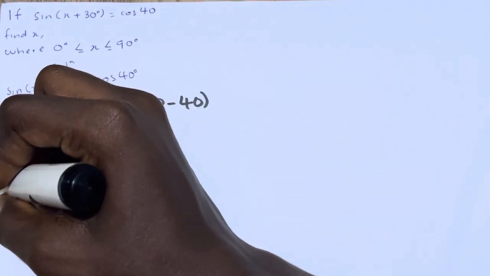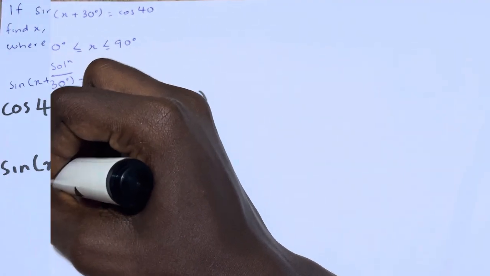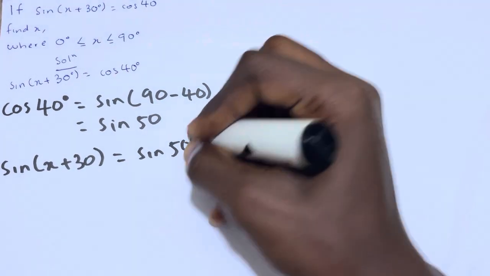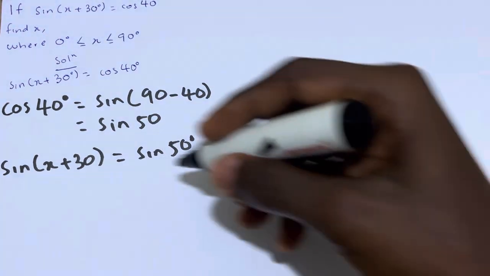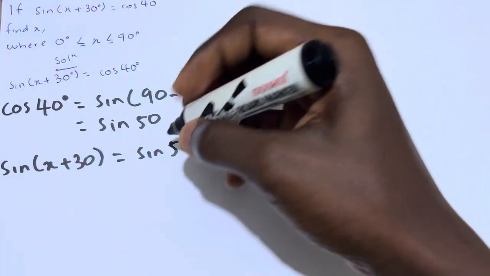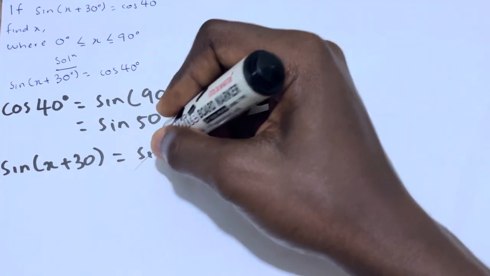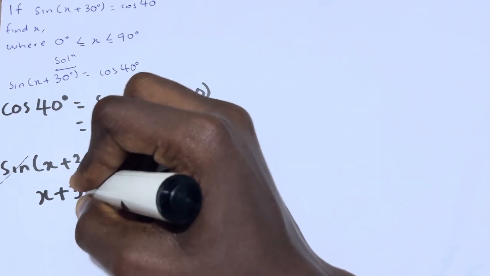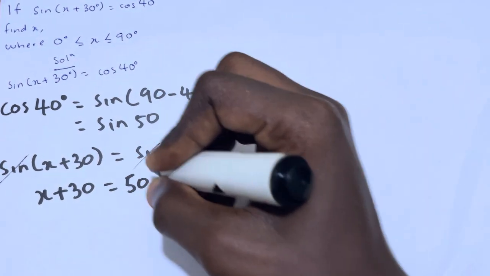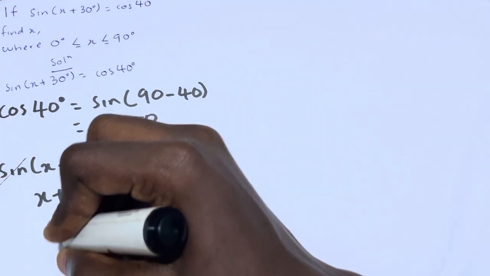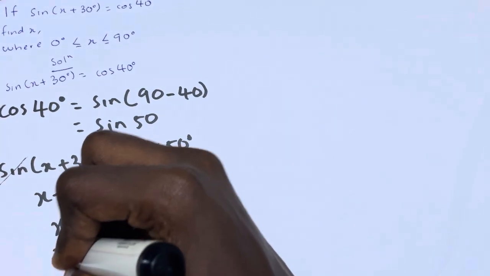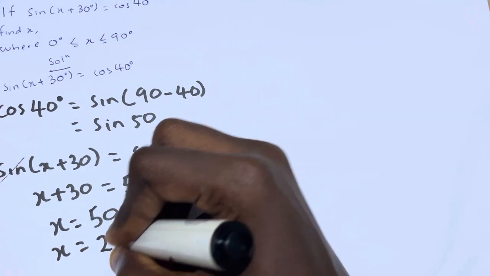So we can rewrite the question and say sine of x plus 30 equals sine 50 degrees. Since we have sine on the left, sine on the right, they can cancel each other. So we have x plus 30 equals 50. Making x the subject, x equals 50 minus 30, and x equals 20 degrees.